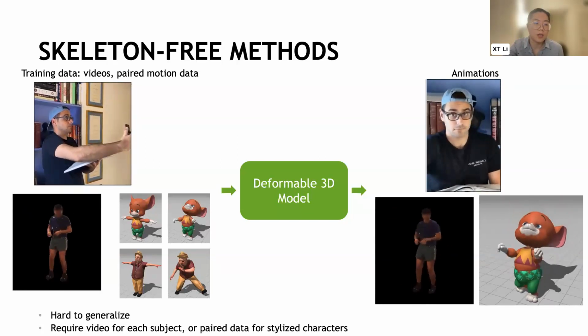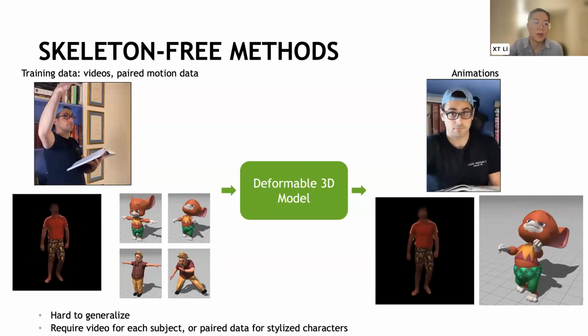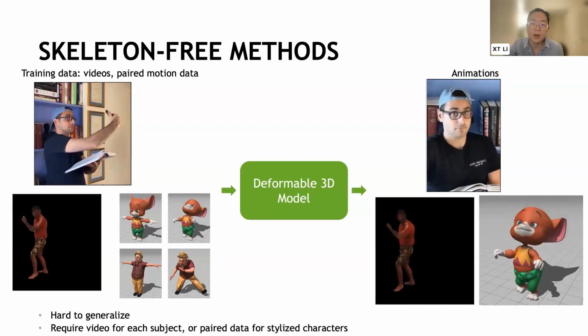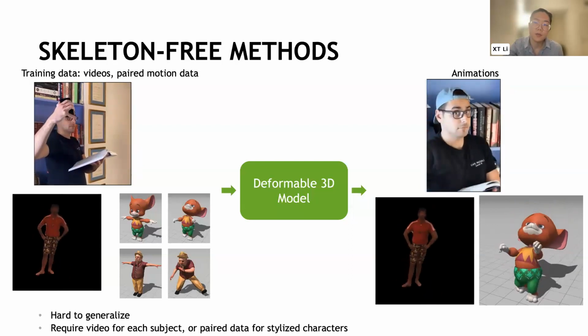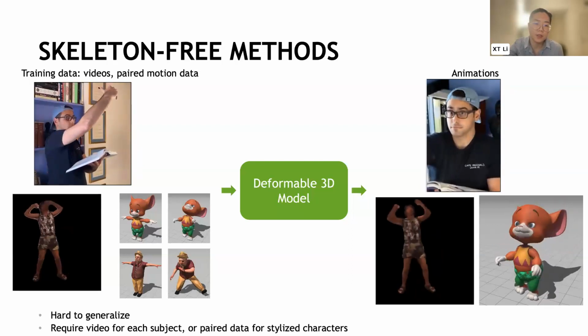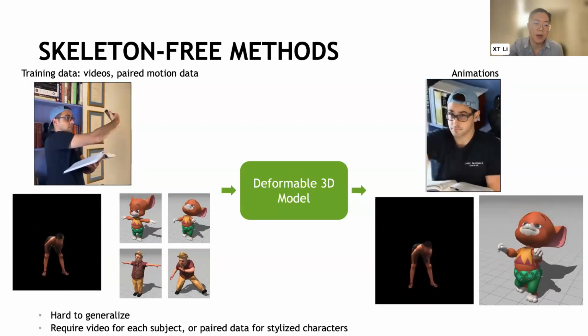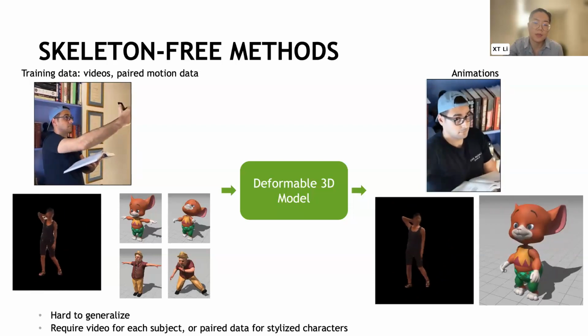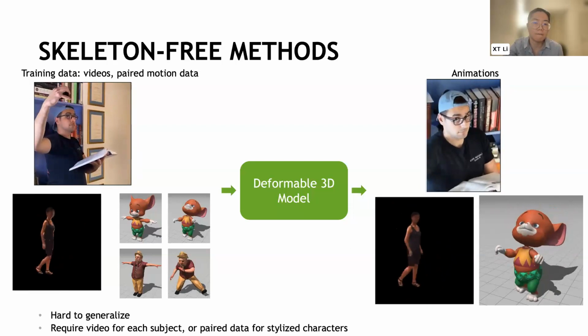So if the video can cover all views of the portrait, then we can expect a good model. So in other words, these models usually overfit to specific subjects, so they cannot easily generalize to arbitrary objects, and meanwhile, they cannot utilize the prior from the whole category.